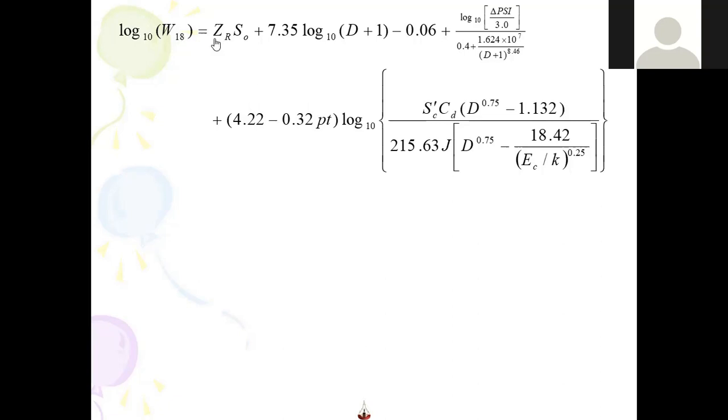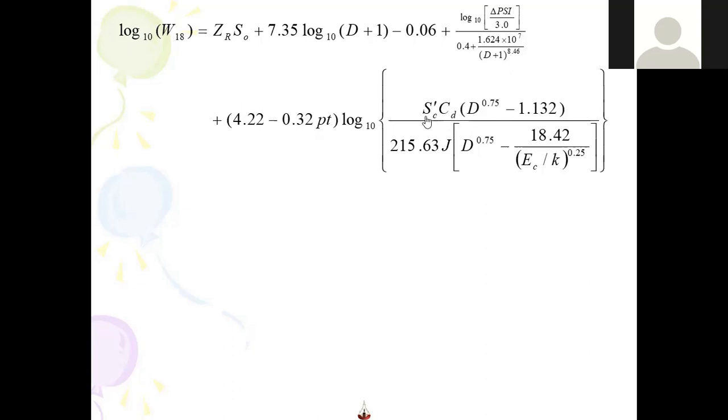Now, ZR will be dependent on reliability, standard deviation 0.35, T is not known to us, delta PSI 4.5 minus 2.5 or 4.5 minus 1.5, and then again T is not known to us. Then we have PT is 2.5 here or 3.0, T is again not known to us.